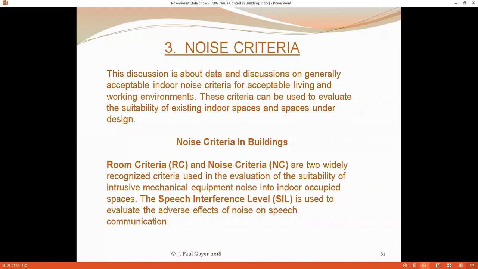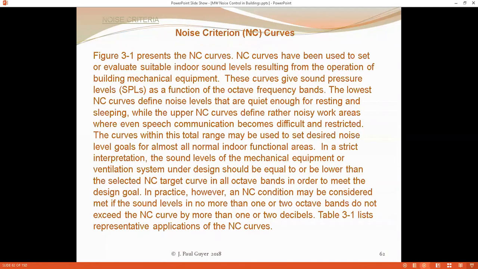And that is supplemented by another criteria called a speech interference level if the human activity going on is one where 2 people in the source room need to talk to each other. And so the important one in defining the noise environment in the receiving room is the noise criterion, NC.